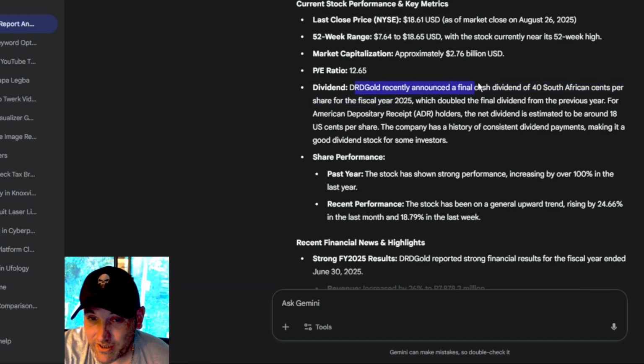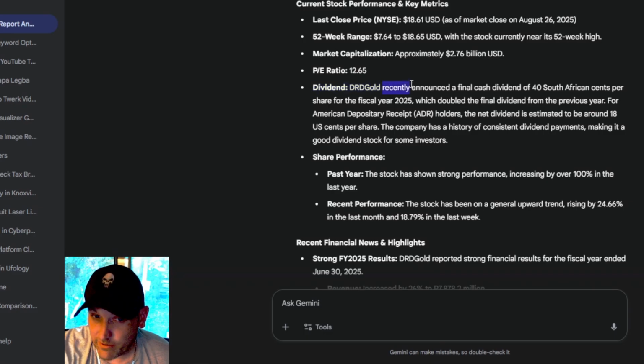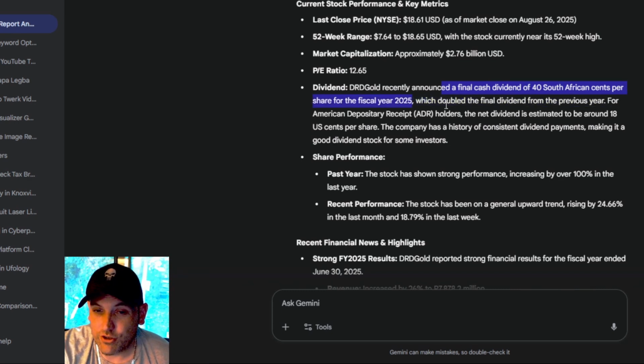DRD Gold recently announced a final, recently, which is a very important keyword. That was recent, so they are paying out a dividend. Normally, announced a final cash dividend of 40 South African cents per share for fiscal year of 2025, which doubled the final dividend from the previous year.